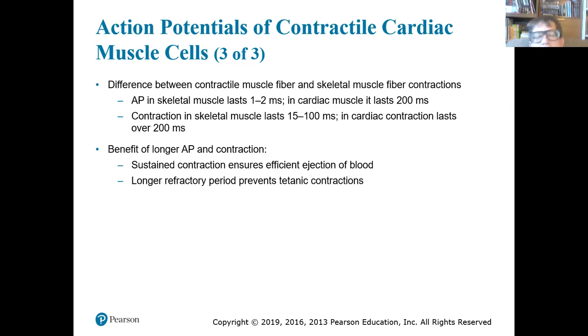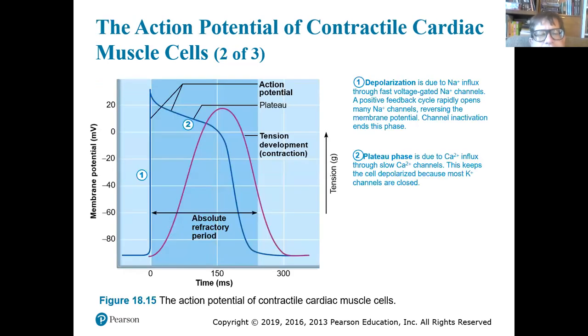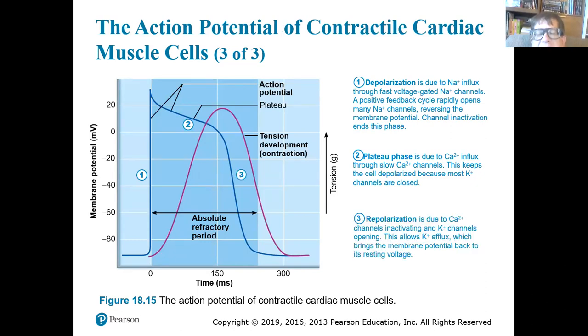So the longer refractory period lets the heart fully relax, get completely filled with blood. All right, so phase 1 is sodium, phase 2 is calcium, phase 3 is closing the calcium and having the potassium rush out.